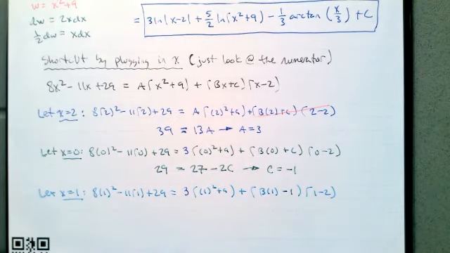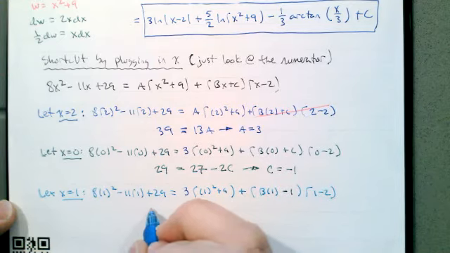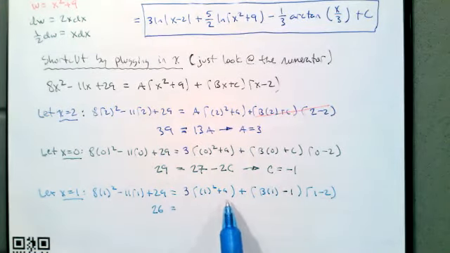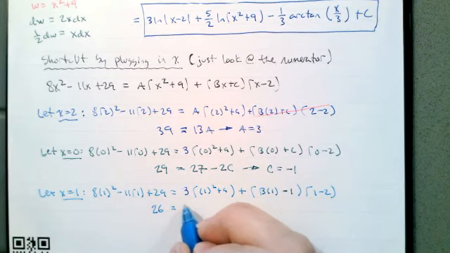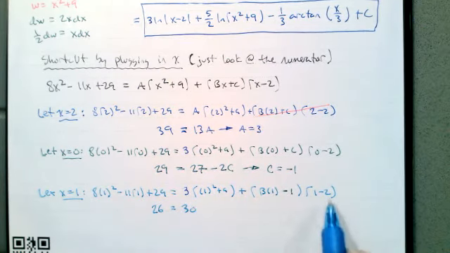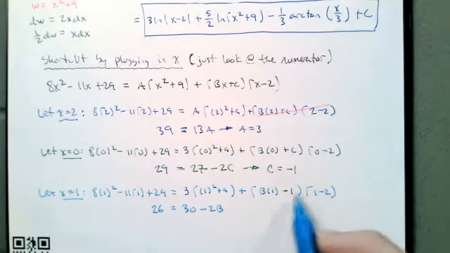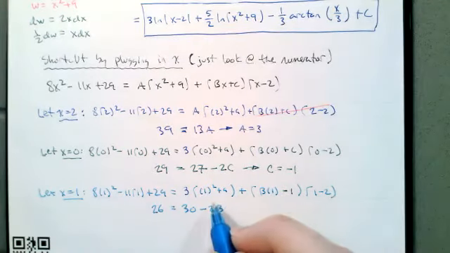So over on the left, I get whatever I get. 29 minus 11 is 18 plus 8 is 26. Over here, I get 3 times 10 is 30, and I have minus 1b.